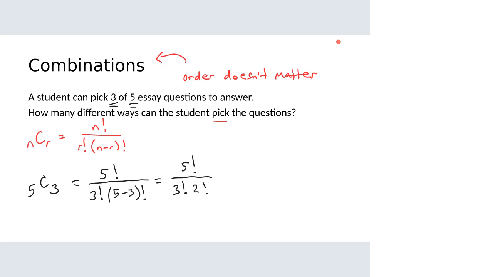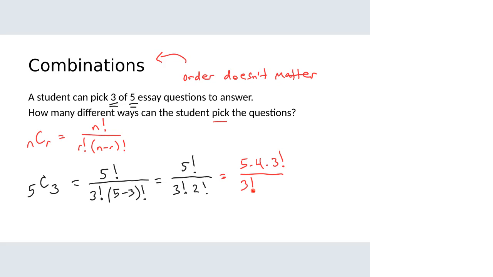When I go to simplify this, I'm going to rewrite my 5 factorial, and I'm going to look at these two numbers and say, which one's bigger? I want to stop as early as possible. So the 3 factorial is the one that I'm going to cancel with. When I rewrite 5 factorial in the numerator, I'm going to go 5 times 4 times 3 factorial. That 3 factorial is going to stay in the bottom because I'm going to cancel it.